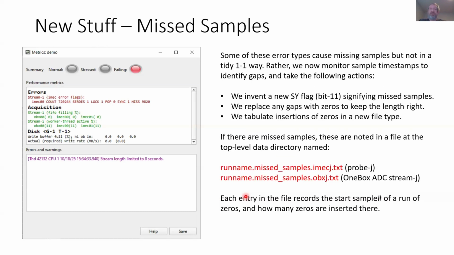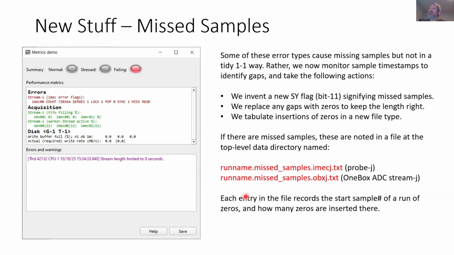When these errors happen, it's been a long time question, does this cause missing samples? And they can, they don't always, and it's not in a simple one-to-one way, but we're now tracking the fact of missing samples by watching the timestamps on the samples that come from the hardware. And when we see runs of missing samples, we're doing two things.